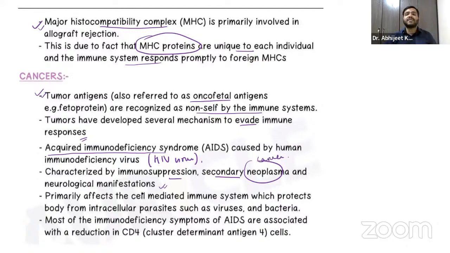It primarily affects the cell-mediated immune system, the T cell system, which protects the body from intracellular parasites such as viruses and bacteria. Most of the immunodeficiency symptoms of AIDS are associated with a reduction of CD4, the cluster determinant antigen 4 cells.